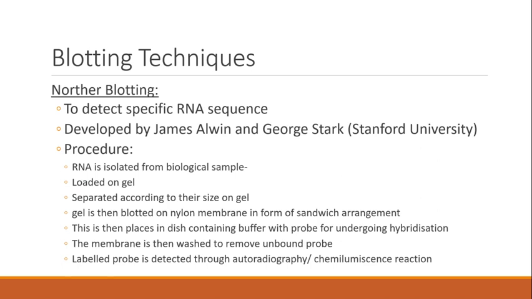Now under this procedure, how do we do it? Your RNA sample is isolated from a biological sample. Then on the other side we are also preparing the gel for the purpose of electrophoresis. The isolated sample is loaded on the prepared gel. According to the size of the RNA sample, it gets separated on the gel when you run the gel.